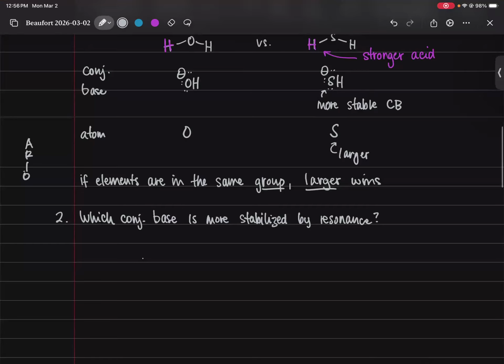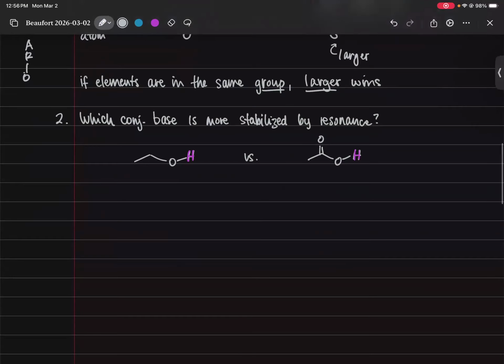Okay, so our two molecules for this one are going to be ethanol versus, what's this one? Acetic acid, vinegar. So, okay, again, one of them's called an acid, so maybe that one will be more acidic, but let's see if it follows the rules.